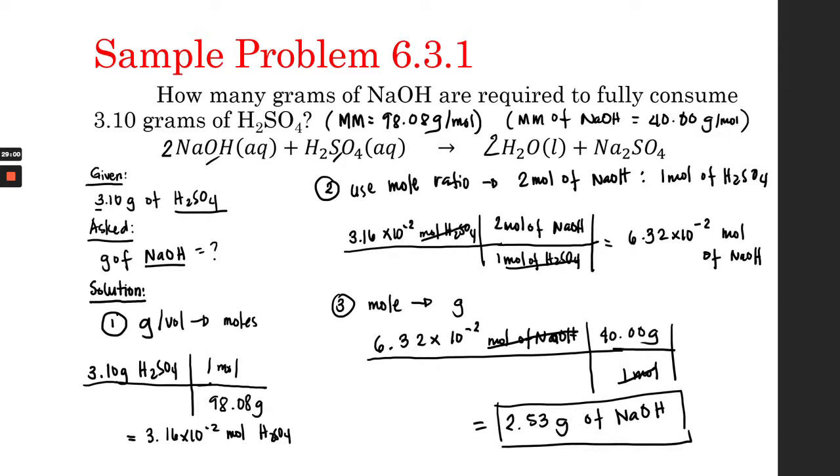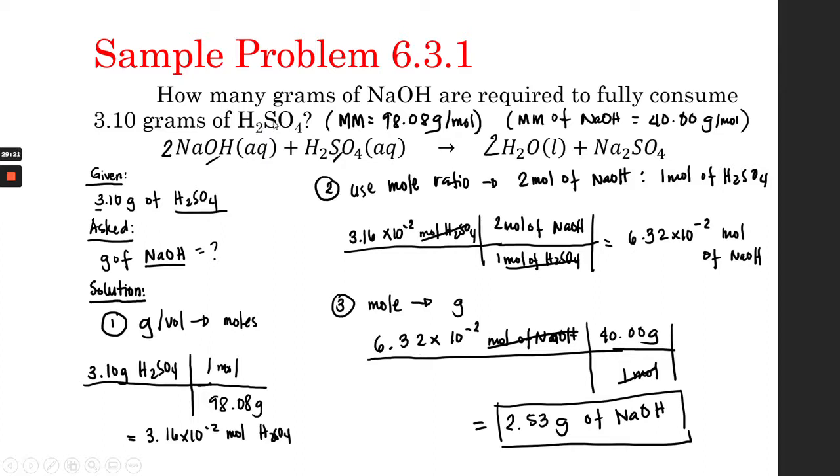Okay, what that means is that in order to fully consume 3.10 grams of H2SO4, we need about 2.53 grams of NaOH. By combining this amount of NaOH with this amount of H2SO4, there will be no excess.